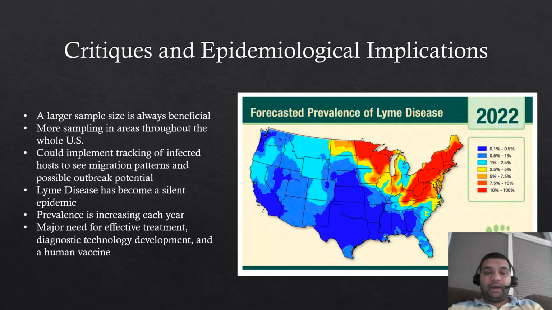Overall, Lyme disease has become a silent epidemic over the last 40 years. There is also a need for a big push for treatment and diagnostic technology development, and a human vaccine would be extremely helpful, because this disease can be super debilitating.